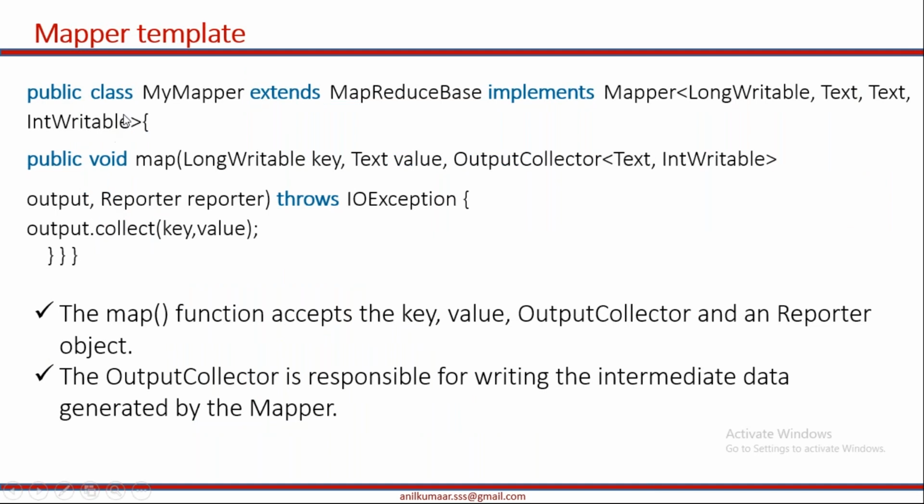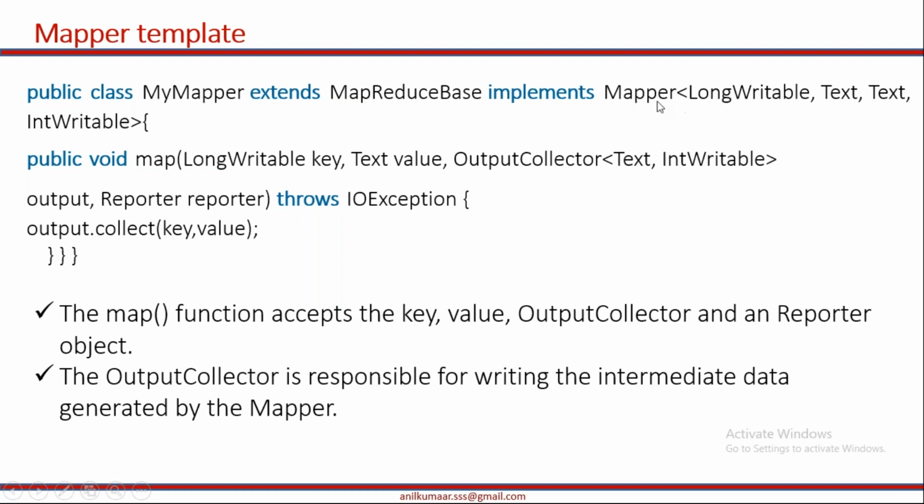Look at here. So public class myMapper is extending the base class and implementing the Mapper interface. So here these are the generics K1, V1 and K2 and V2. myMapper, you can give anything here. Public class Naresh extending the base class and implementing the Mapper interface with the four generics.